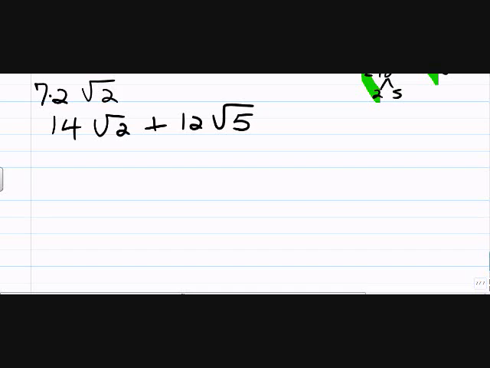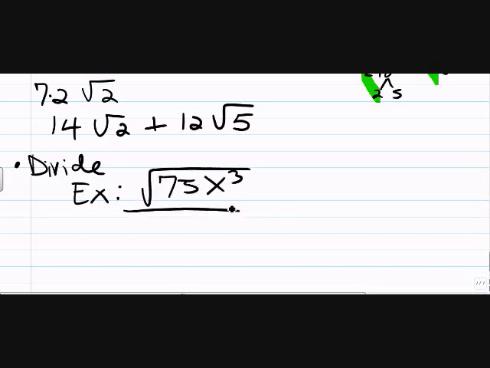Okay, that was all the multiplying. You need to be able to divide. For example, square root of 75x cubed over the square root of 3x.